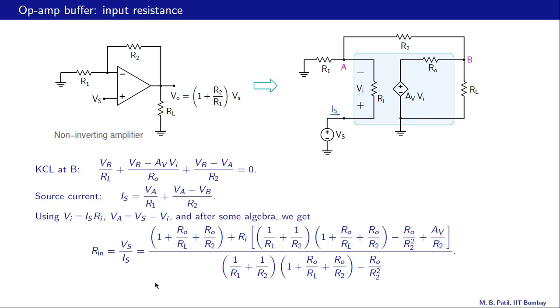But let us look at least at the dimensions of this Rin, whether it is indeed ohms or not. What about the numerator? Dimensionless, dimensionless, dimensionless. Ri, and this whole quantity has units of 1 over ohms, so ohms by ohms. So this entire numerator is dimensionless.